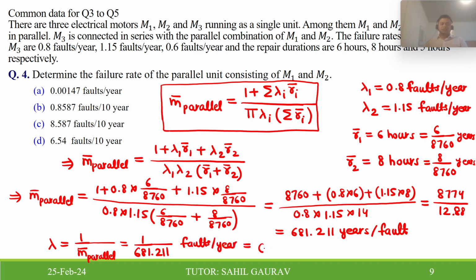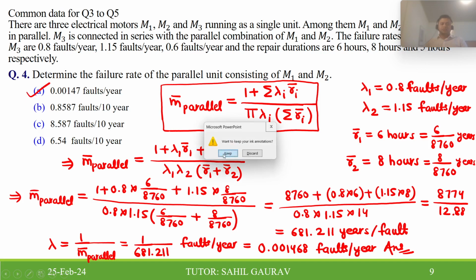So it is coming as 0.001468 faults per year. If you match with the options, you will get A as the correct answer. Therefore, A is the correct answer.